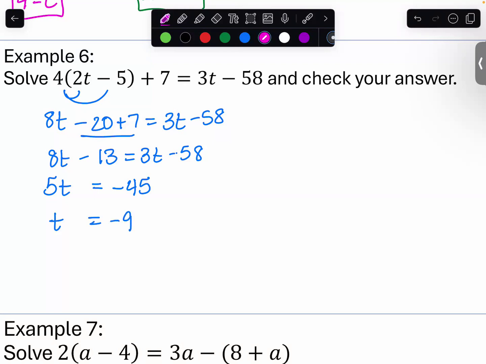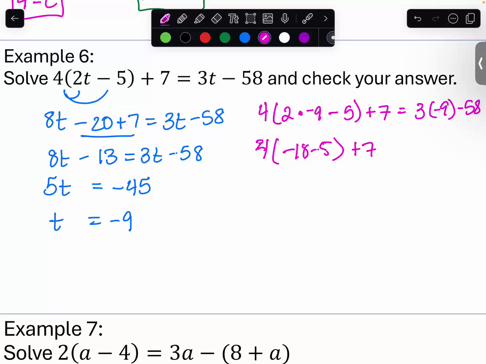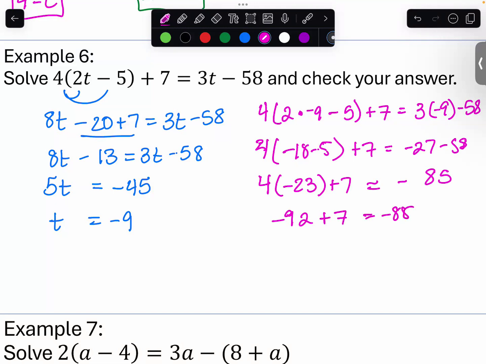And I want you to notice that if I went back and plugged that into my original equation, and I simplify each side, I do indeed get a correct equation that negative 85 does equal negative 85.